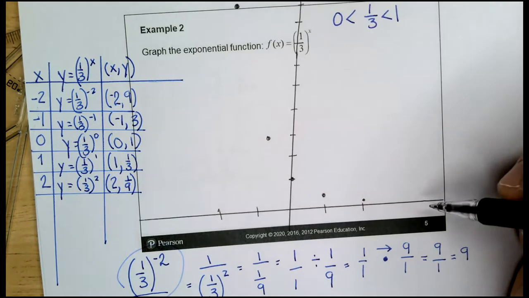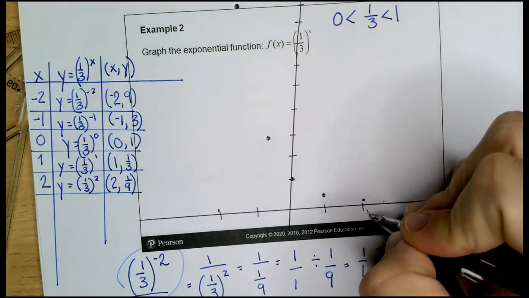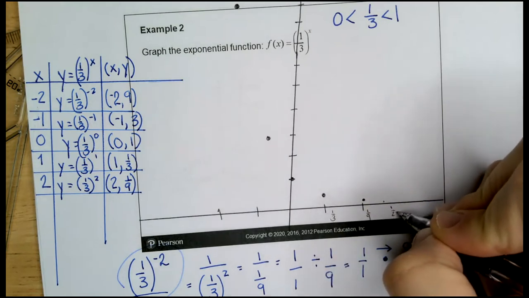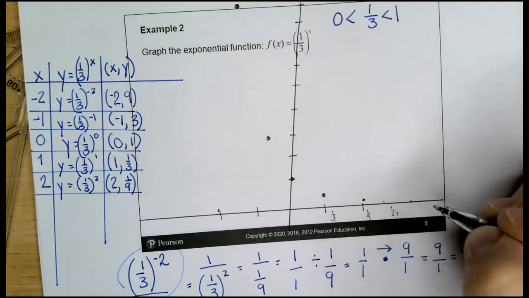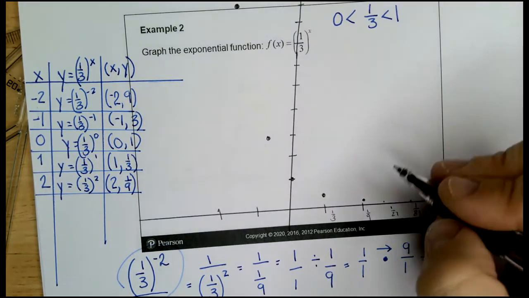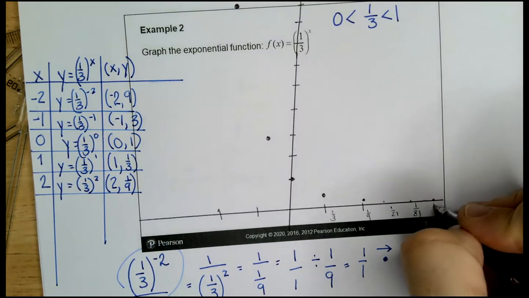And just like in Desmos with the last one, each time we're going to get smaller and smaller. So this was 1/9. This was 1/3. This would be 1/27. This would be 1/81. Yeah, because we're dividing by 3 again. Divide 81 by 3, I get 243. So that's 1/243.